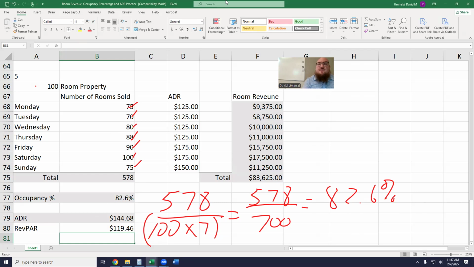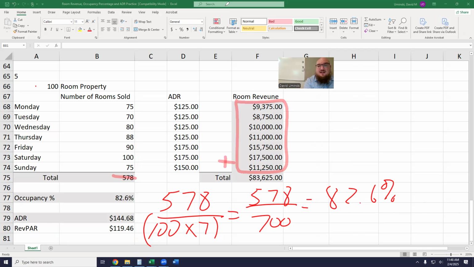Okay, so I know I went through that relatively quickly. Let me go through the steps for this number 5. First, we want to add everything up, like we did before. We want to multiply just like we did before, but instead of a room, we're actually doing the day of the week. So on Monday, we sold 75 rooms, etc. That will give us our room revenue per day.